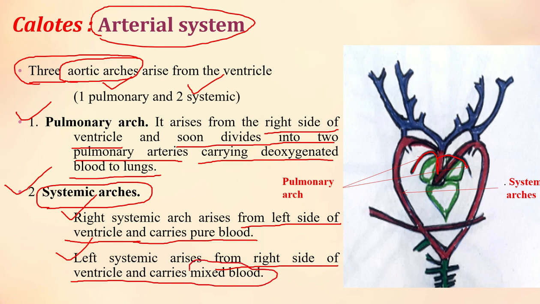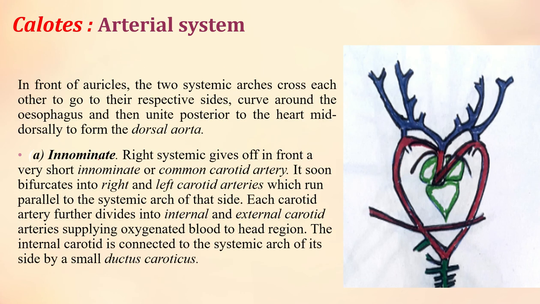Because in the case of Calotes, in the case of reptiles, there is a three-chambered heart, so pure and impure blood are mixed. Some blood is mixed in the ventricle. So the mixed blood is carried with the help of the left systemic arch, and the right systemic arch carries the purest blood.